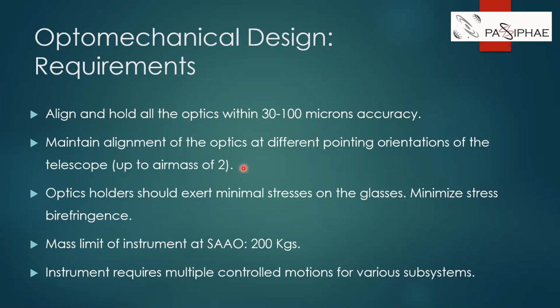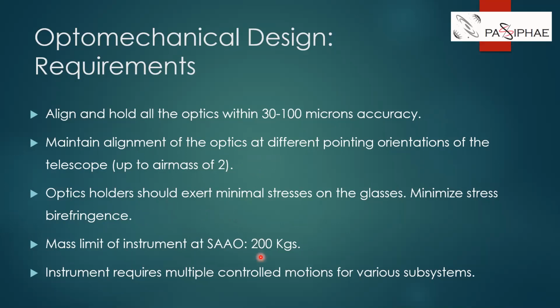And this alignment has to be maintained at different orientations of the telescope. And there's also the effect of thermal stresses. Even if temperature changes, this alignment should be maintained. And additionally, the holders for the lenses and the prisms should exert minimal stresses on the glasses. And that is important so that we don't have stress birefringence introduced in the optical beam path.